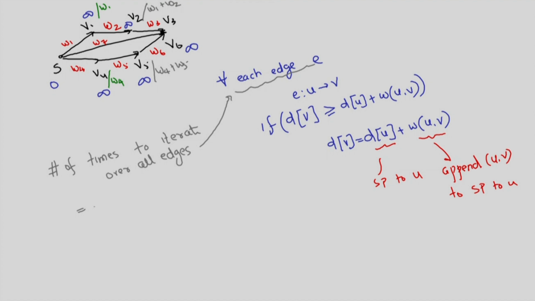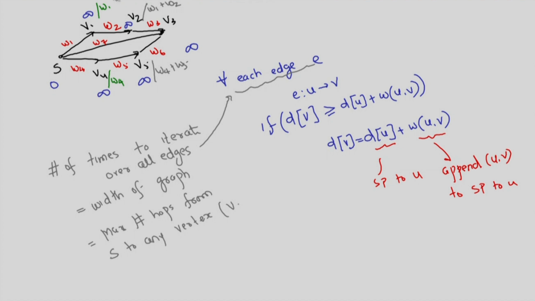This is the width of the graph, which is the max number of hops from source node S to any vertex, say V. Well, by the way, we do not need V6, so I am just going to use V3.